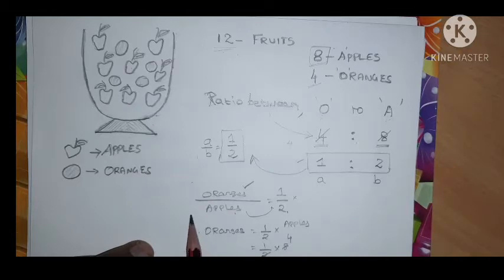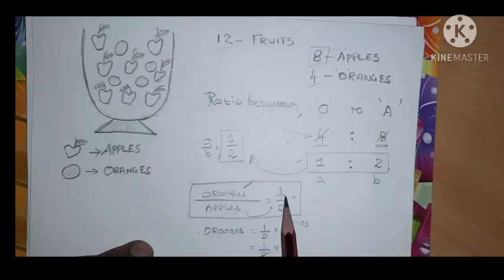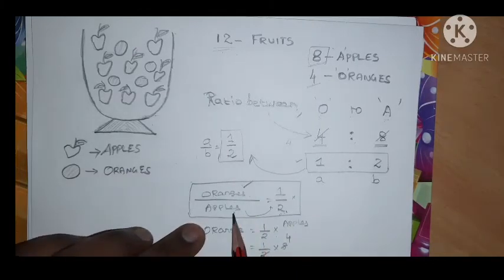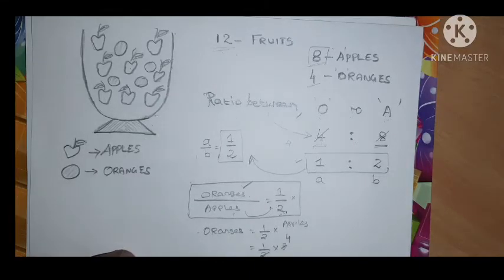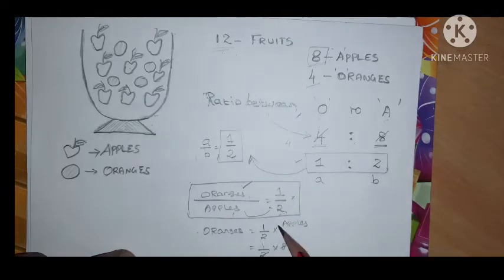The answer is that the ratio between oranges to apples is 1 by 2. What it expresses is that half the oranges are present as compared to the apples in terms of quantity. 8 apples are there, 4 oranges are there, so with respect to the number, exactly half is present, right?